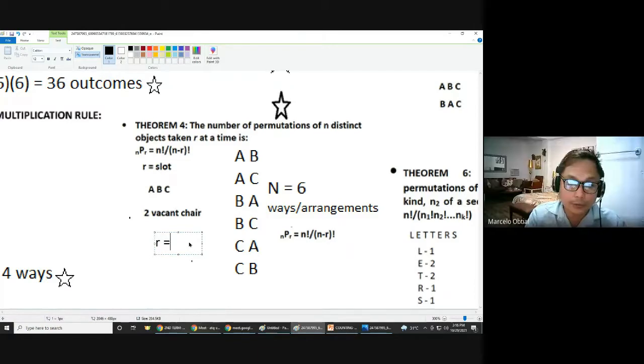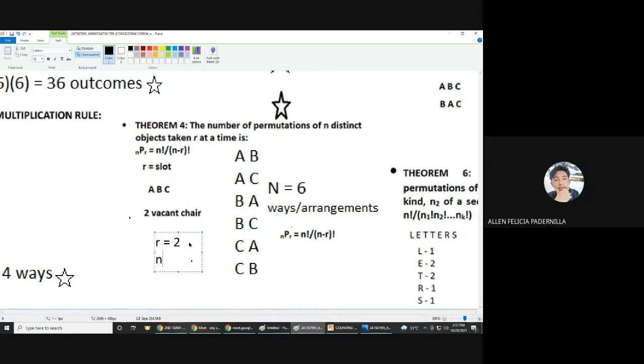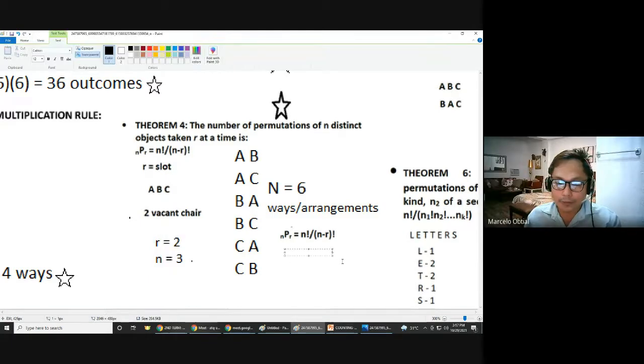Very good, because there are 2 chairs. Ilang tao? 3 po, sir. Very good, ABC. So all you need to do is to use the formula: 3 factorial divided by the difference between n and r, that is (3 minus 2) factorial.